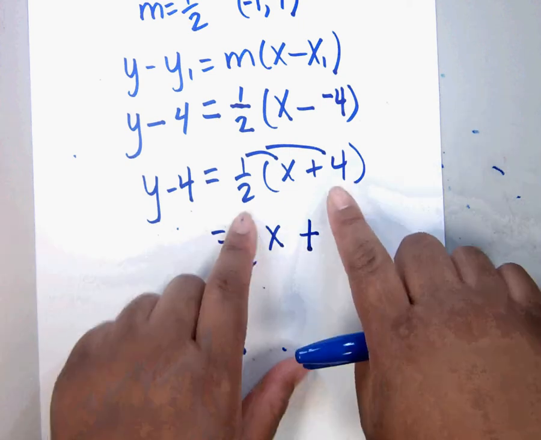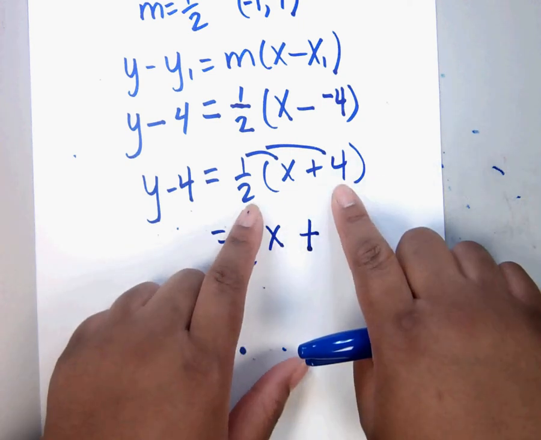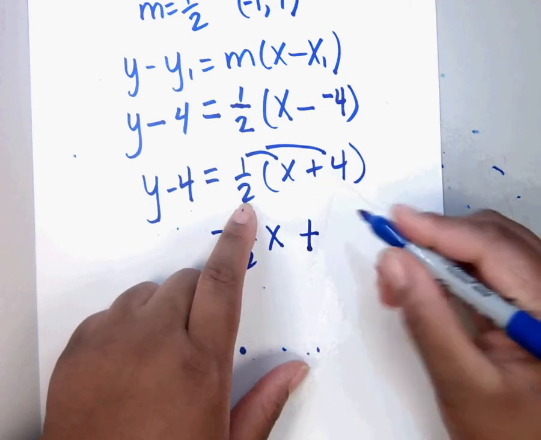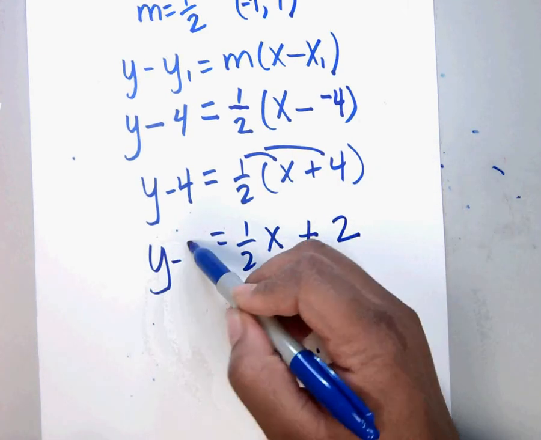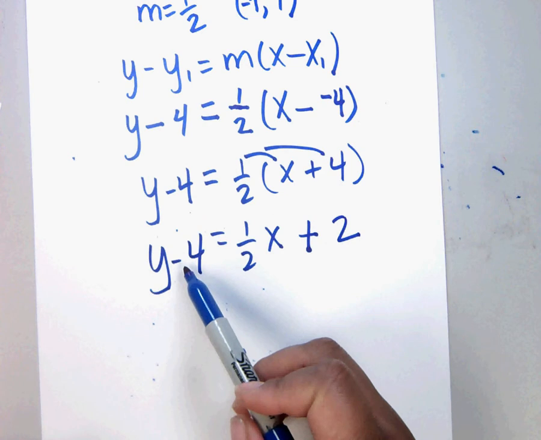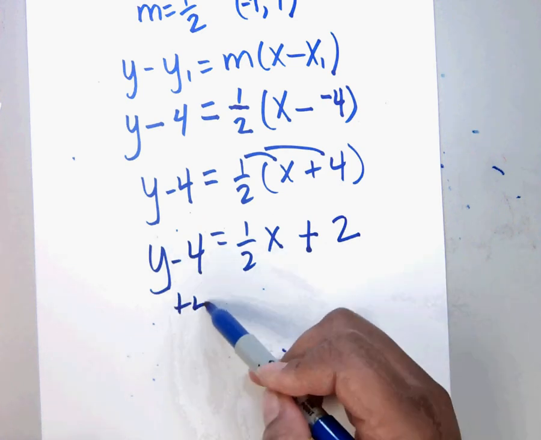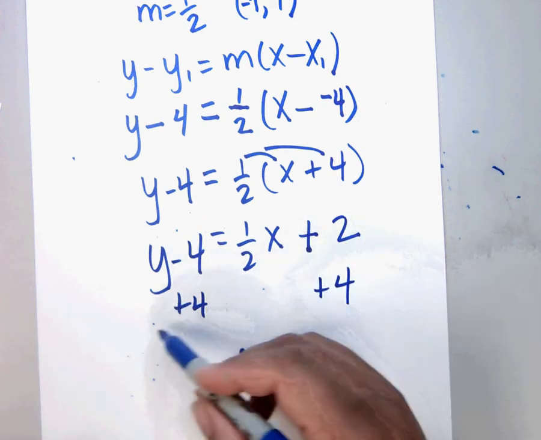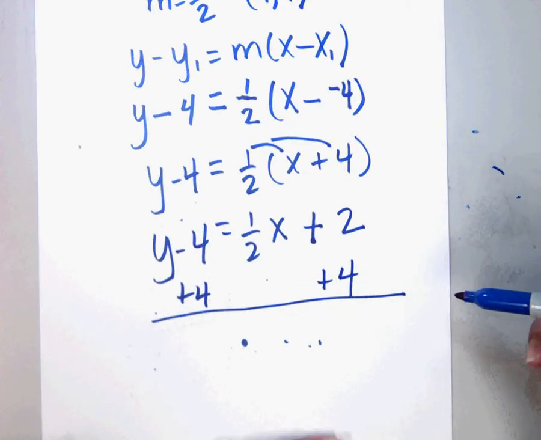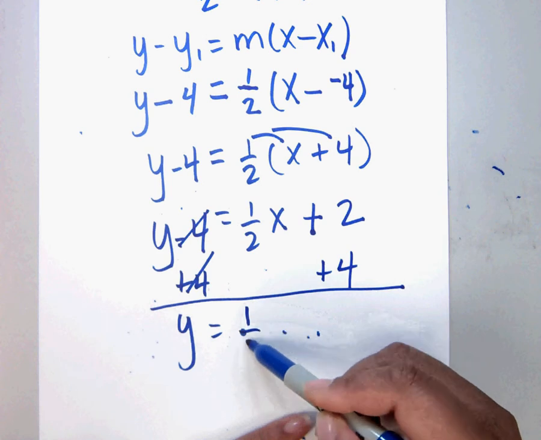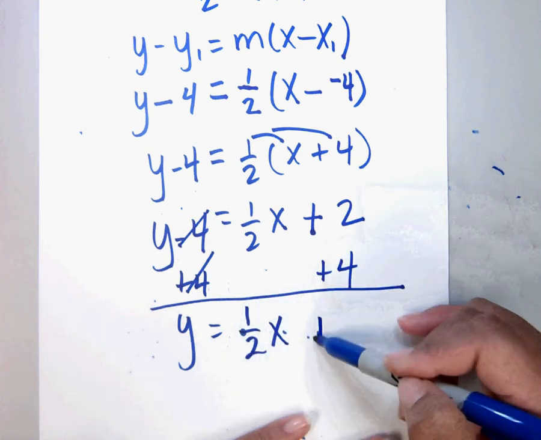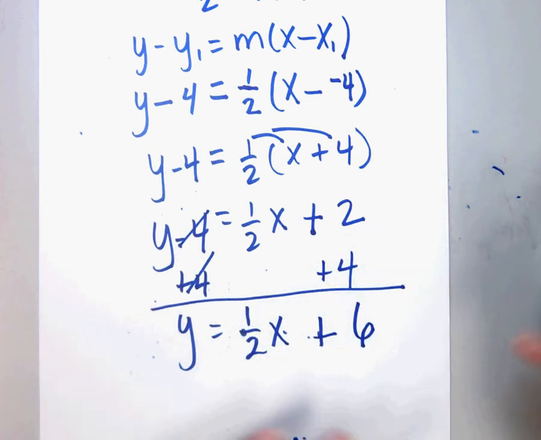For those that are saying, Miss, how do you do that? This simply means half of 4 is 2. That's it. Now we need to move the 4 over, so we are going to change the sign. Cancel, cancel. y equals 1/2 x plus 6.